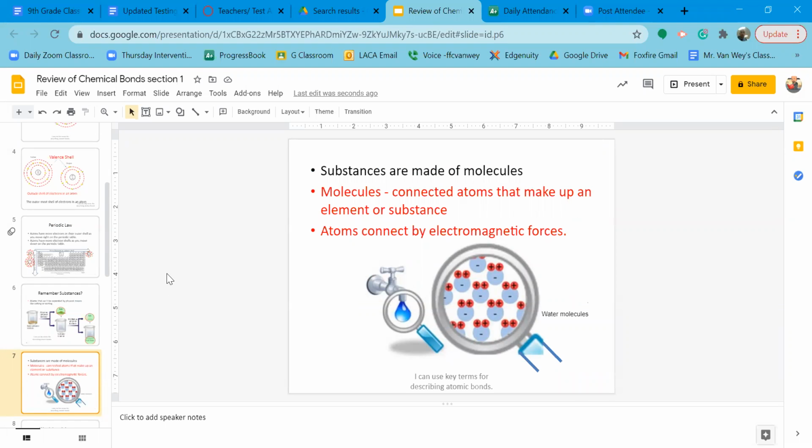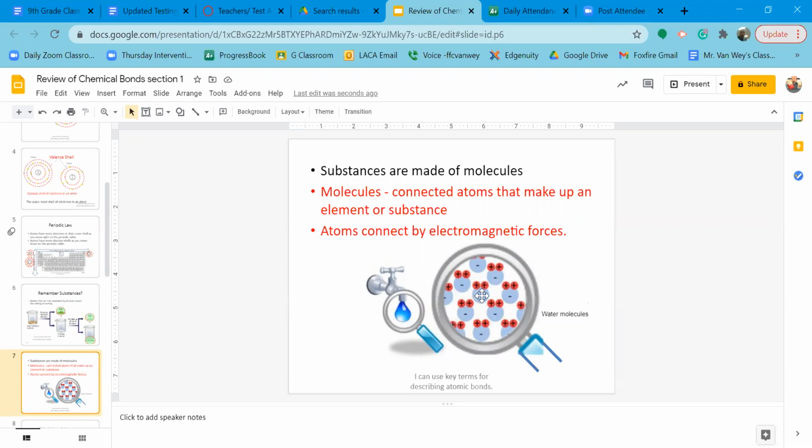Okay, so substances are made of molecules. This is a magnifying glass held up to some water here, and you can see the water molecules. Now, in real life, there's no magnifying glass strong enough to do this. This is just kind of illustrative. But molecules are the connected atoms that make up an element or a substance.